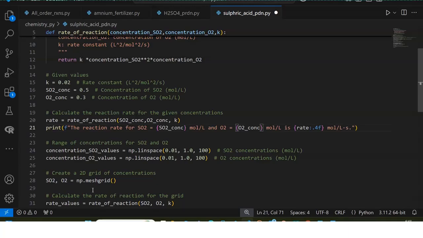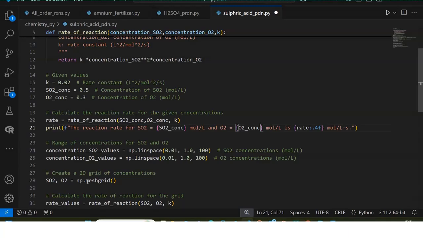So let's look at the two-dimensional grid of the concentrations. We are going to use the function meshgrid, which also comes from the NumPy library.